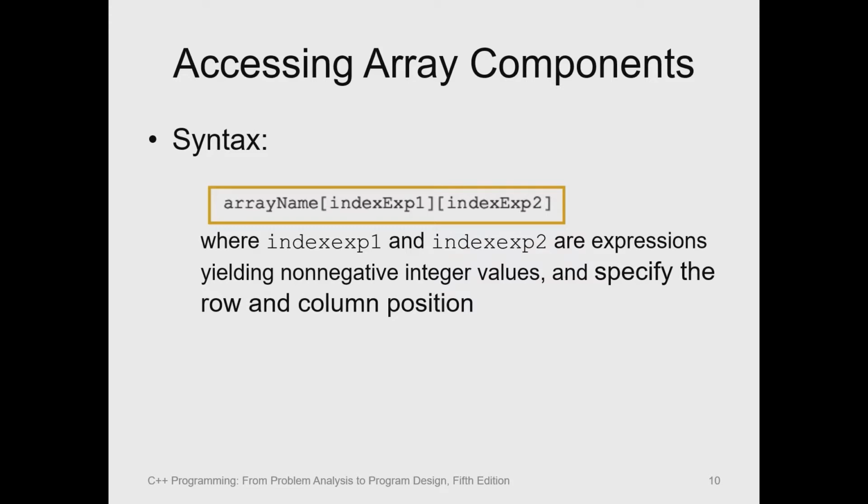So let's say we want to assign 25.75 in row 5, column 3. We're going to access it by using the name of the array, which is cells, followed by the two subscripts. The first subscript is for the row, which is subscript 5, and the second subscript is for the column, and the column must be subscript 3.